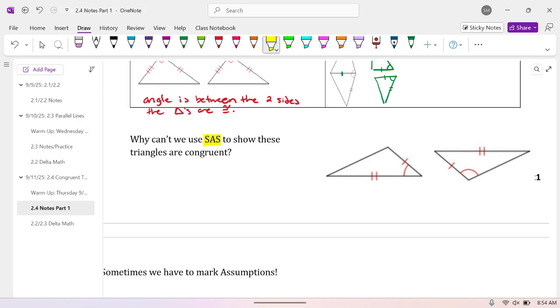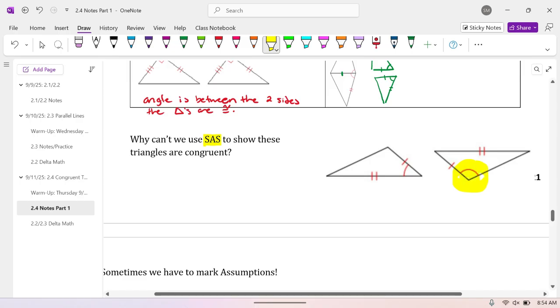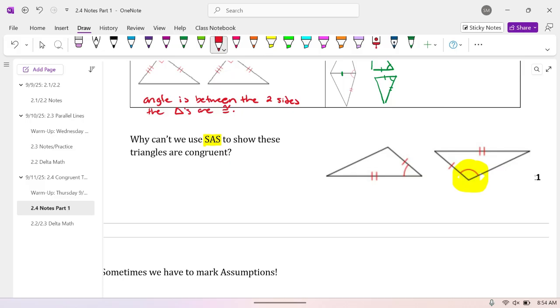So because of this angle right here, it can't be SAS. We don't have enough information to prove that they're congruent. So it's not between the two sides, while this one is between the two sides.